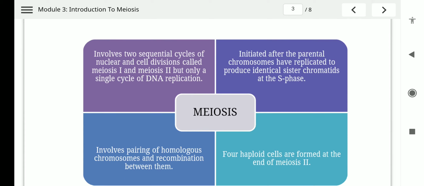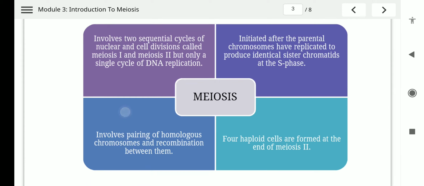In meiosis division, these four factors are very important. First, involvement of two sequential cycles of nuclear cell division called meiosis 1 and meiosis 2, but only a single cycle of DNA replication. DNA replication occurs only one round, whereas cell division occurs 2 times, meiosis 1 and meiosis 2.